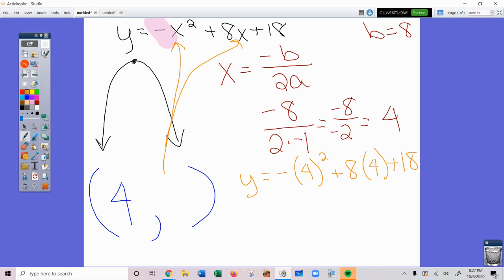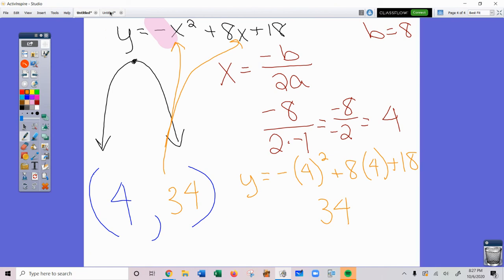What value do we get when we plug this into our calculator? Okay, so when you typed this in, you should have typed it in just like you saw it, and we get an output value of 34. So this is a parabola that opens down. It has a maximum. Where it is at its maximum is at x equals 4. The value at its maximum is 34.